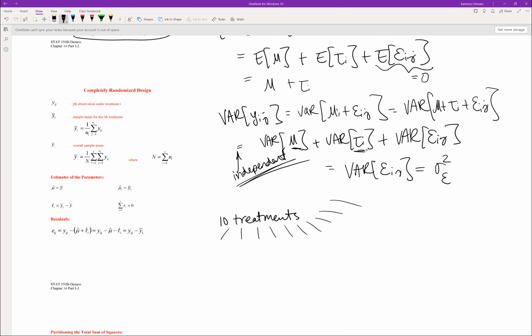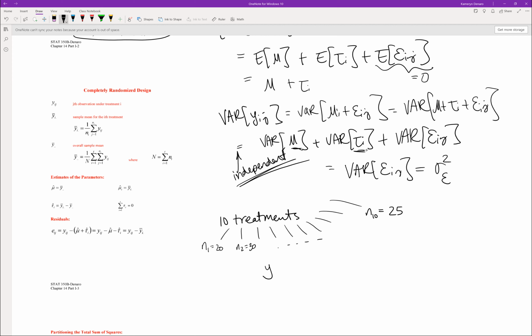Suppose for the first group I had 20 people, and the second group I had 30 people, and so on, and the 10th group I had 25 people. So each of those treatments has a different number of observations.